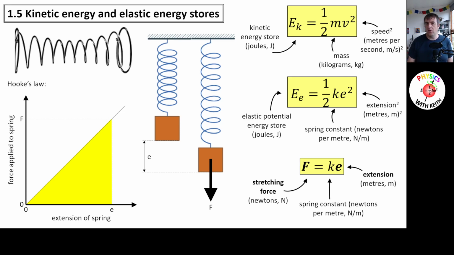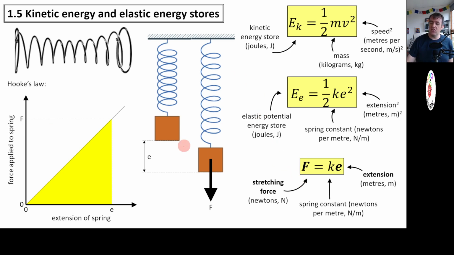It's a constant of proportionality between the force that is stretching the spring and the extension of the spring. It is the gradient of this line. That's what k is. The higher the gradient, the steeper the line, the stiffer the spring is. In other words, I need more force to get the same extension if this line is steeper, if the spring is stiffer.